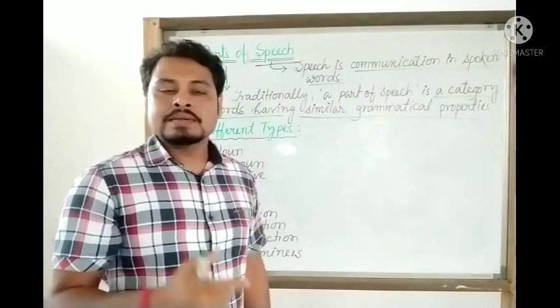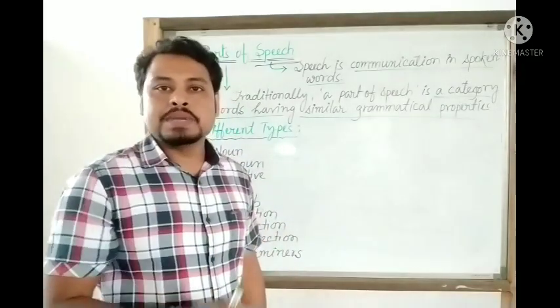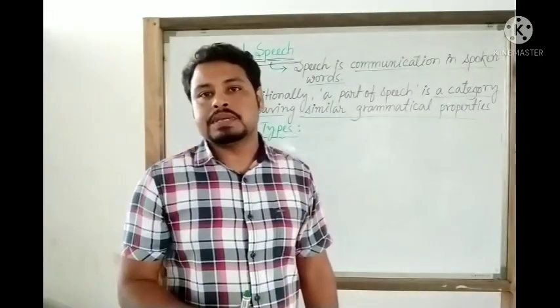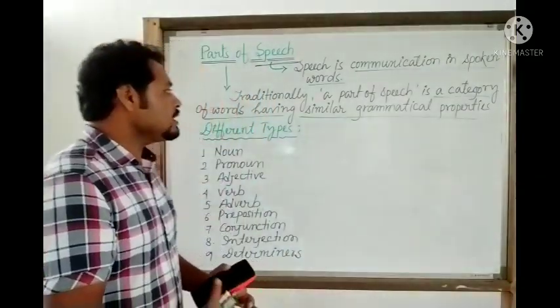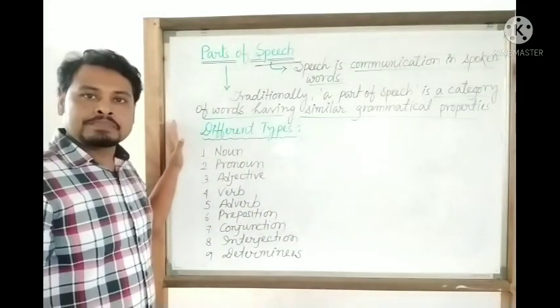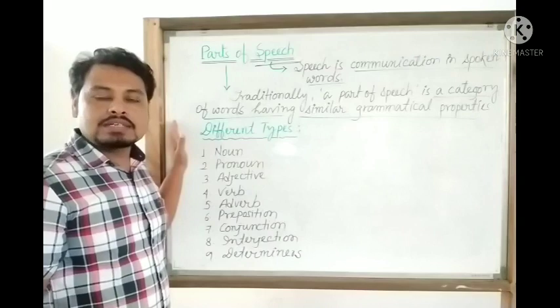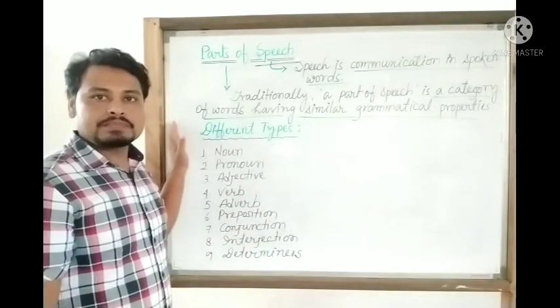That means they serve some kind of purposes in that speech. So all the different parts of the speech, they serve different purposes. And that is why they have some similar grammatical properties, the properties that make them a category of words, that is known as part of a speech.